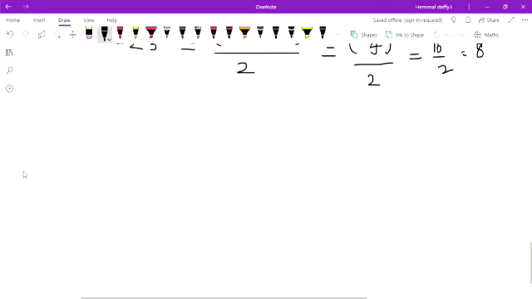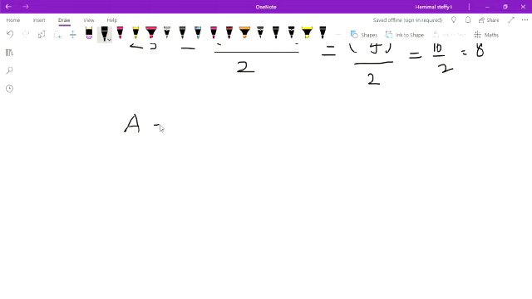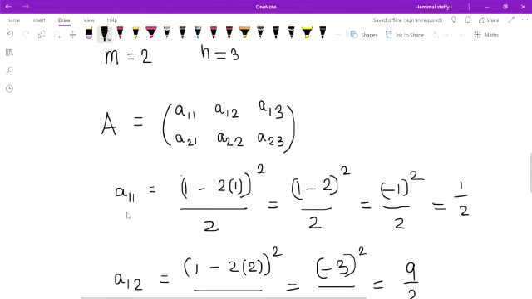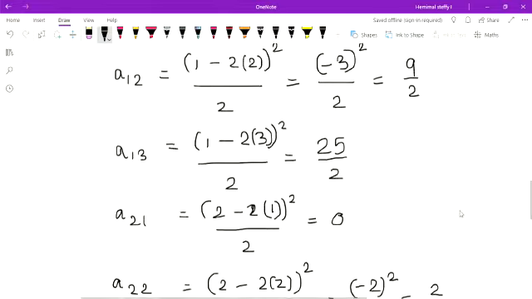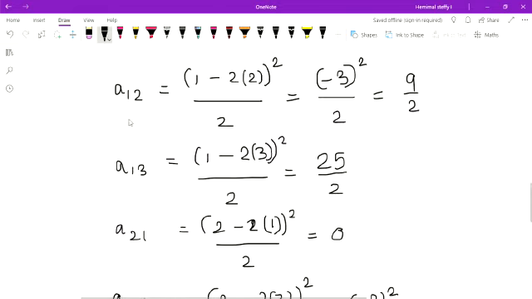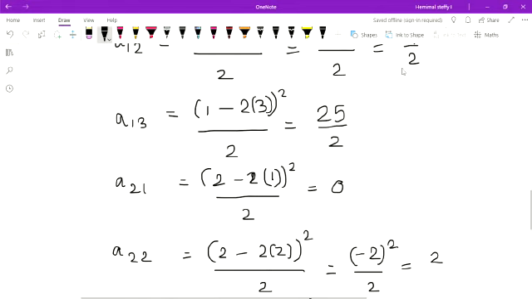So now I form the matrix A. What is the matrix A? I am going to write in the A11 place the value we found, 1 by 2. In the A12 place, 9 by 2.